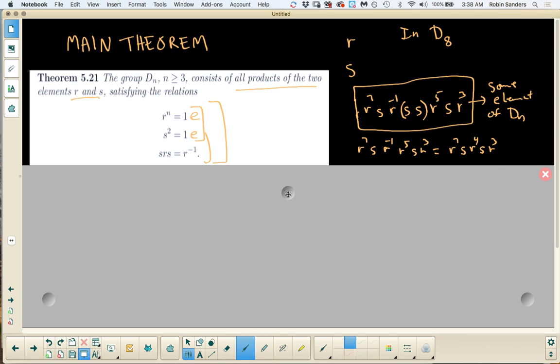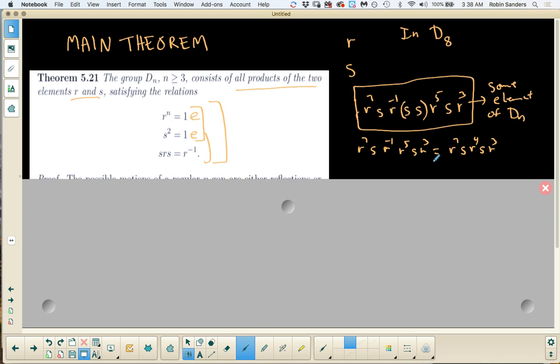And if we keep going here, we can use this thing here to basically wind up, though this is a little bit tricky, this thing here will wind up becoming an R to the 7th times an R to the minus 4 times an R cubed.